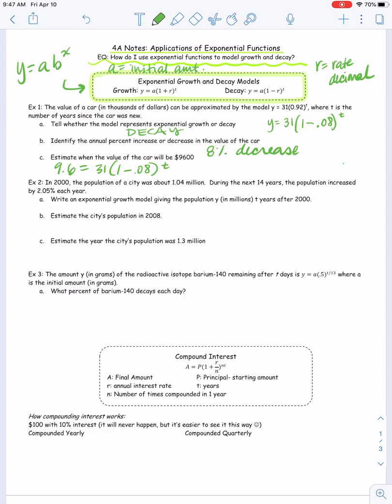Remember, this is all in thousands of dollars. 31 is in thousands of dollars, so 9,600 would be 9.6. Our goal here is to solve for t. That's the number of years since the car was new, and that's what we want to find.